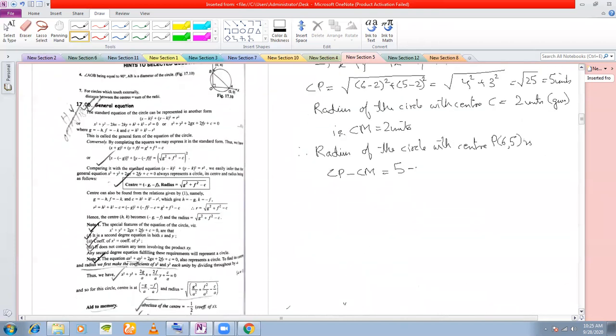So this is 5 minus 2, which is 3 units. Now we know the radius and we know the center. Therefore, we can find out the equation.